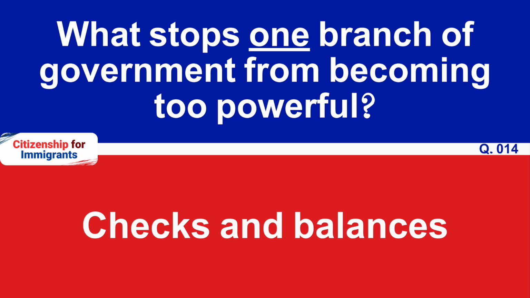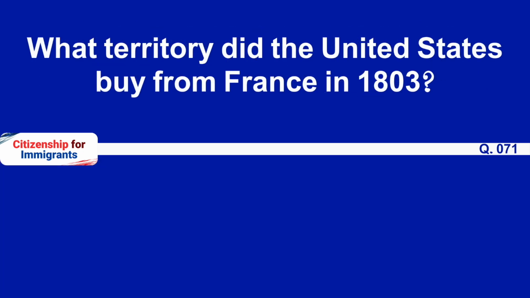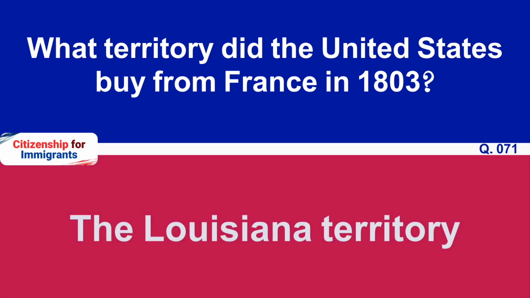Checks and balances. What territory did the United States buy from France in 1803? The Louisiana Territory.